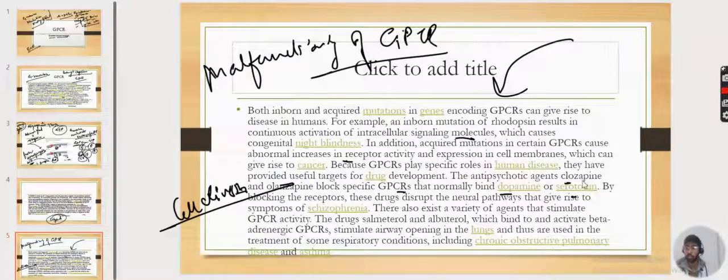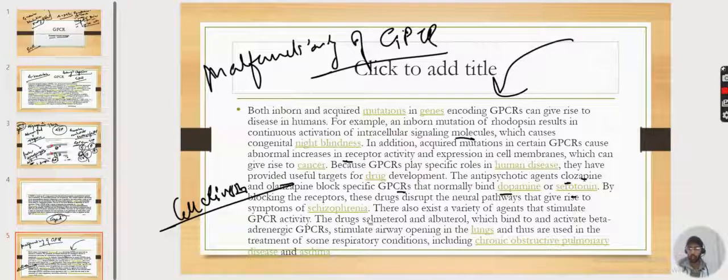These antipsychotic agents bind to the GPCR, and it would suppress schizophrenia. It would block the signals which are continuously coming from our ligands, dopamine and serotonin, which cause that mental disease known as schizophrenia.